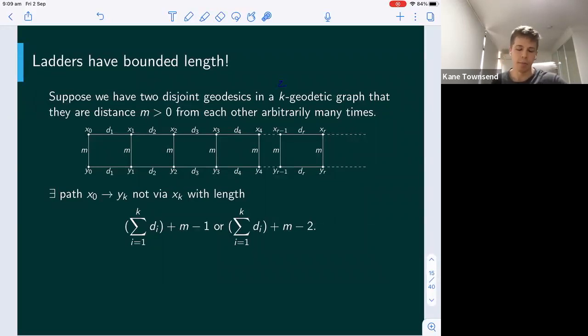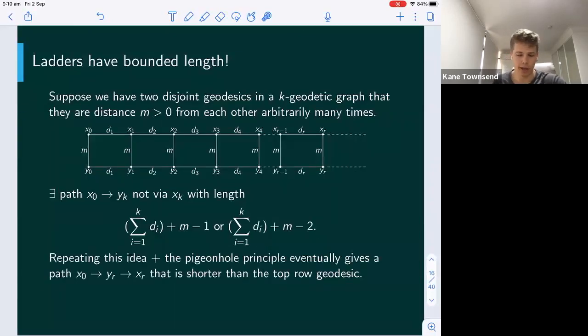And the reason you can't get a greater number less is because then the path from x0 to say this point and then back 1 step would give you a shorter path than what you'd supposed was a geodesic. So hopefully I explained that okay. And so all that does is tell us that from x0 to say y2, there's a path of shorter length.